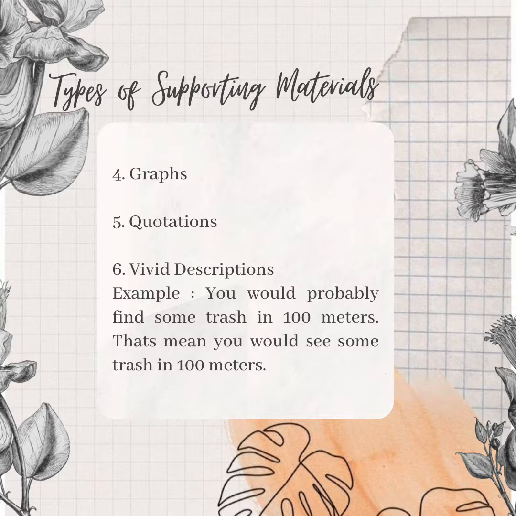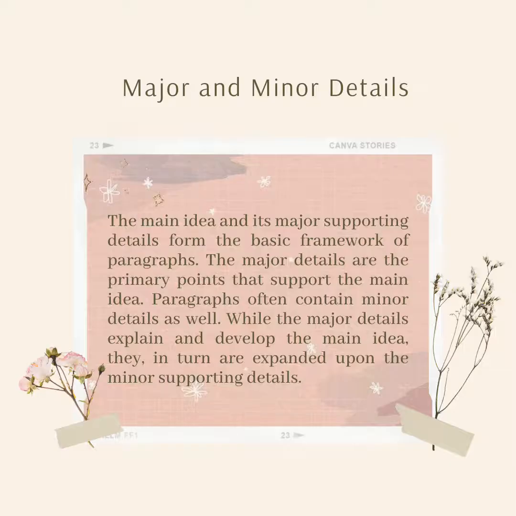I give you an example: you would probably find some litter or trash within 100 meters. That means you could probably see some trash within 100 meters. So that is from me. So next, Adri, Afra, time is yours.